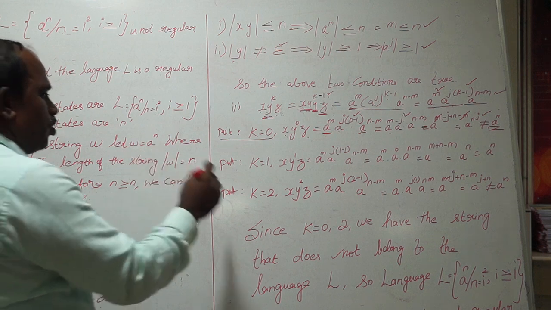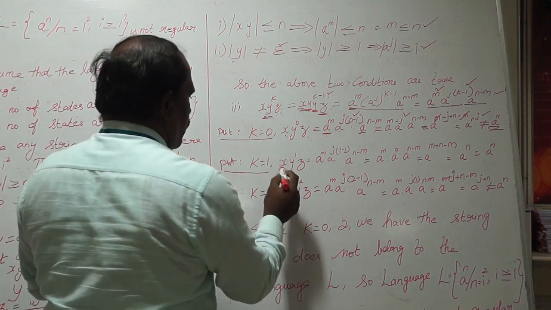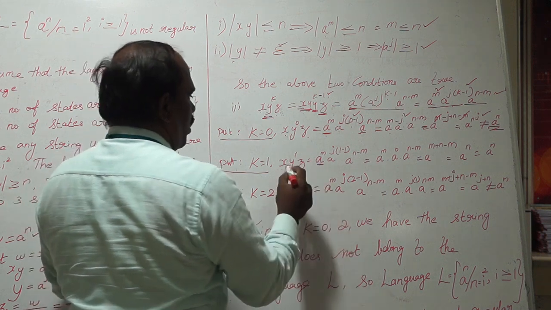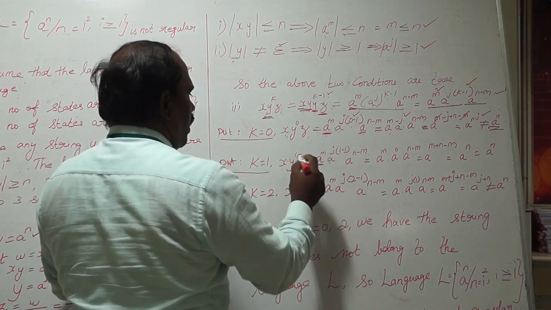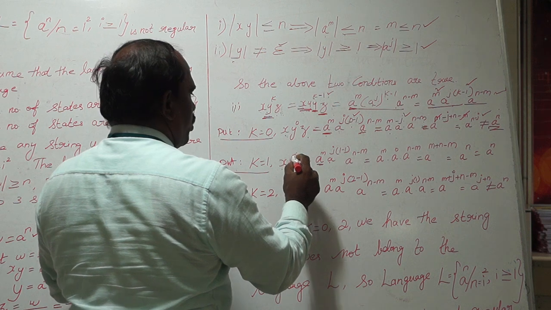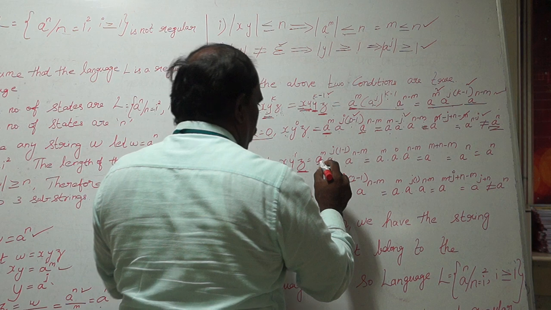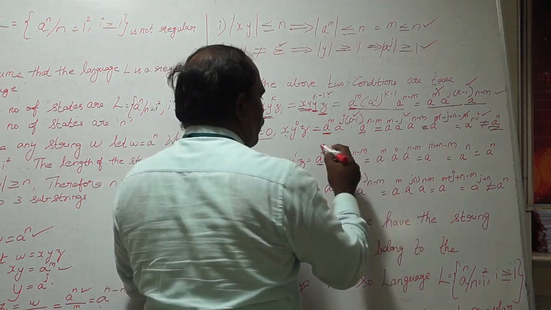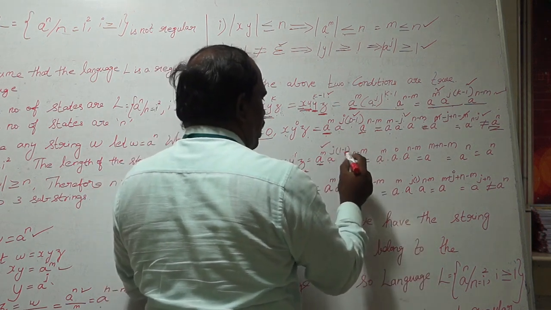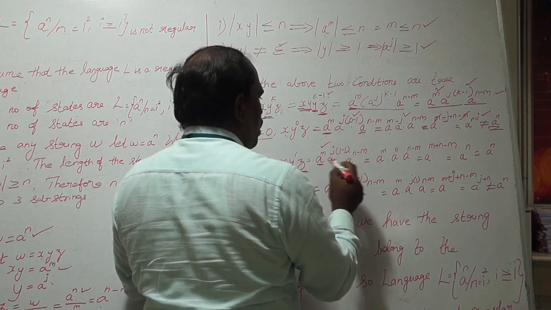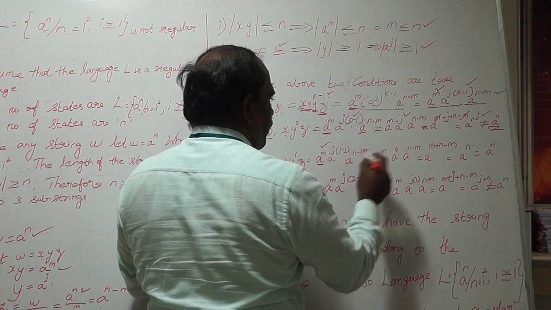Now put k equal to 1. So x y^1 z, where x is a^m, y is a^(j(k-1)) with k equal to 1, so 1 minus 1 is 0, and j multiplied by 0 is 0, giving a^0, followed by z, a^(n-m). This result gives a^(m+n-m), and m and minus m cancel, so we get a^n.